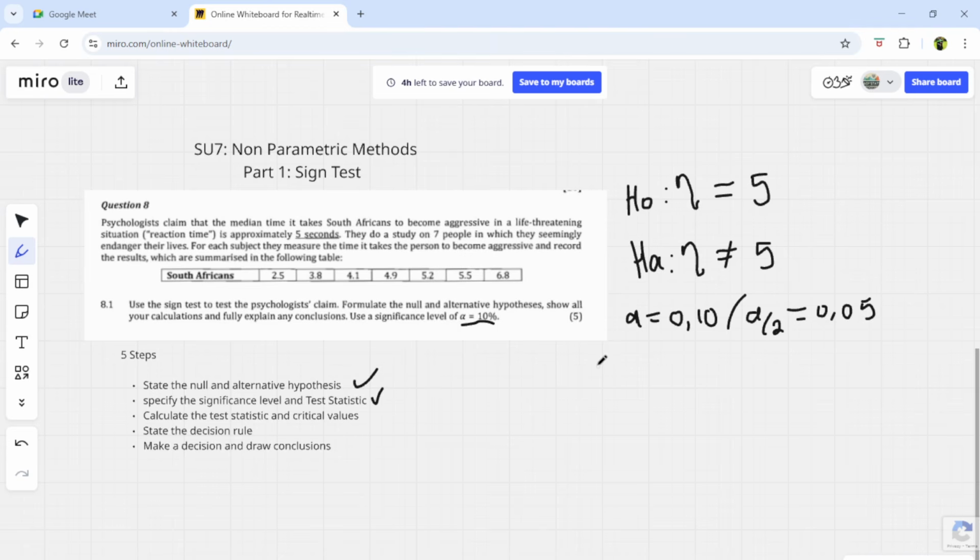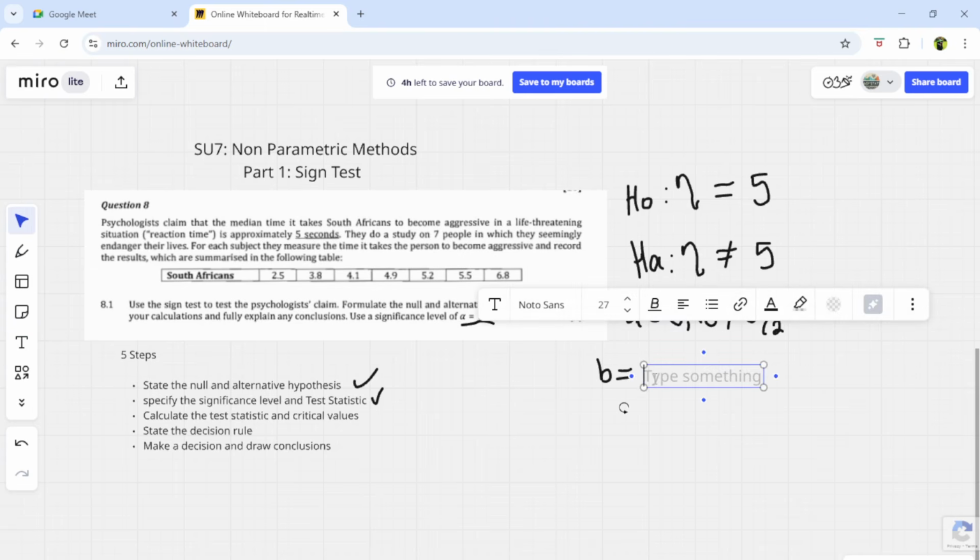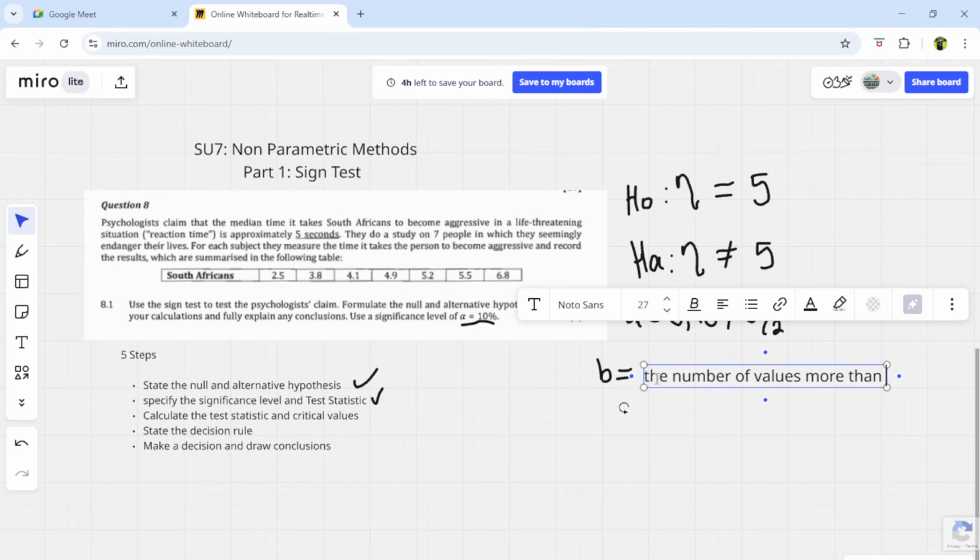Now the test statistic, because it says you must also specify the test statistic. The test statistic that we use is called B. That is the B test statistic for the sign test. It's going to be different for the rank sum test, which is part 2. I'll explain that in the next video. Now B is equal to the number of values more than x.